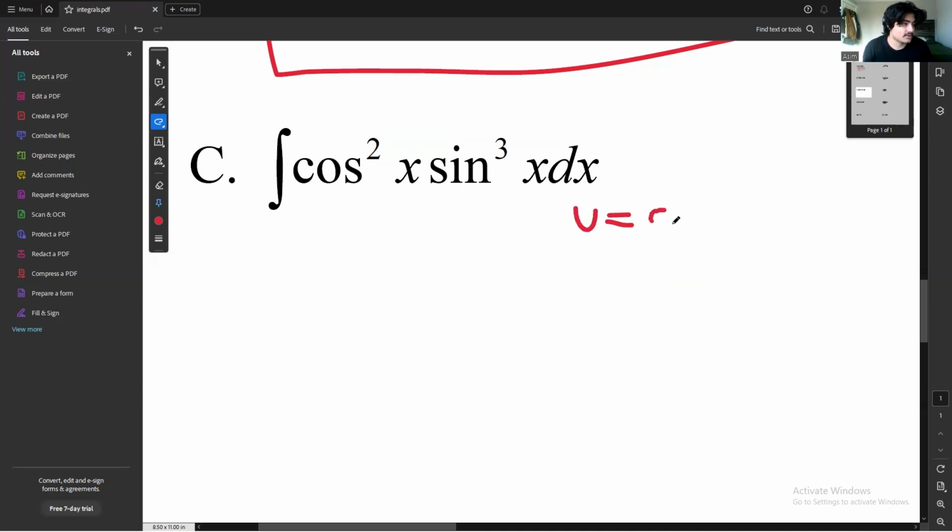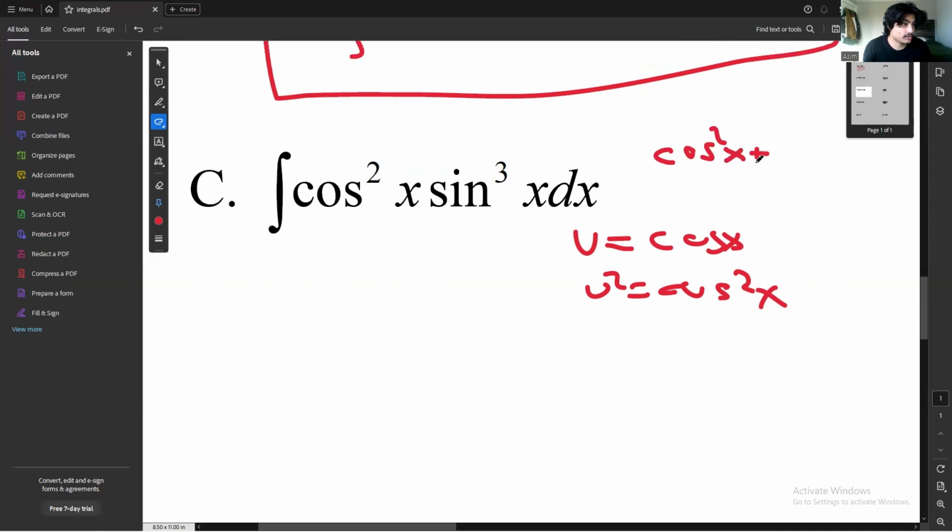Let's say that u equals cosine of x. Also, u square is equal to cosine square x, since I have a cosine square x. What is cosine square x also equal to? Cosine square x plus sine square x is equal to 1 from trigonometry.